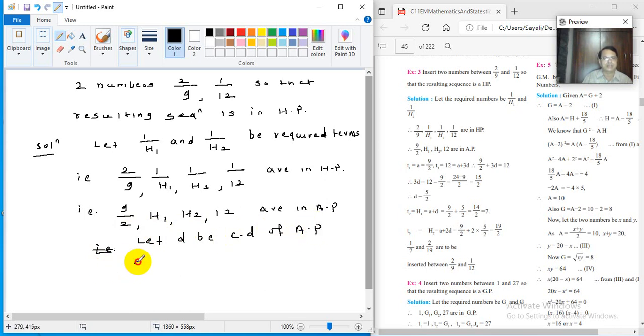So 9 by 2 plus d gives h1. Adding d to h1 gives h2, that is, h1 plus d. But h1 is 9 by 2 plus d, so h2 is 9 by 2 plus 2d.